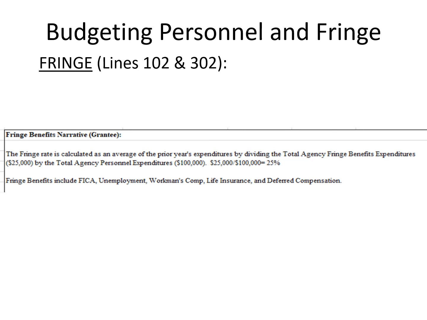So that clearly demonstrates to the reviewer how you arrived at the average fringe rate that you're utilizing on this tab. You would also need to include what is included in the fringe benefits that you provide. So in this example, it says that the fringe benefits would include FICA, unemployment, workers' comp, life insurance, and deferred compensation. Also, if you provide retirement, that would be included there too.